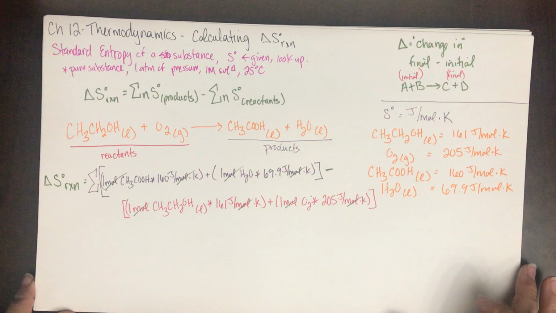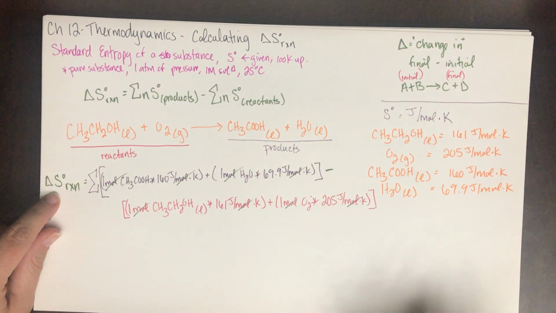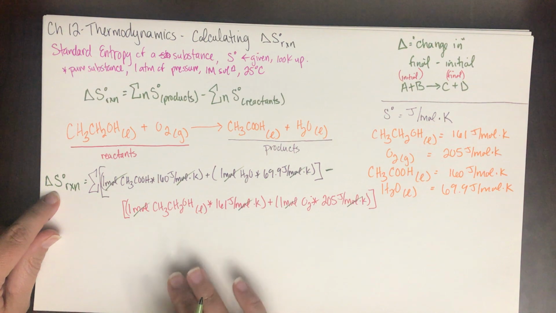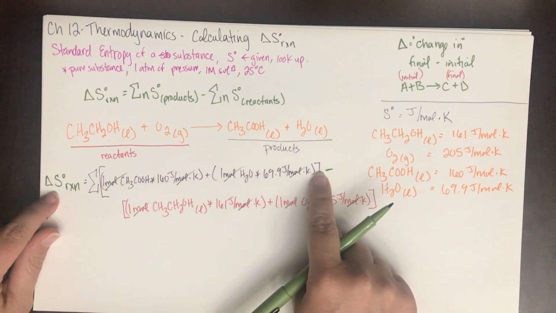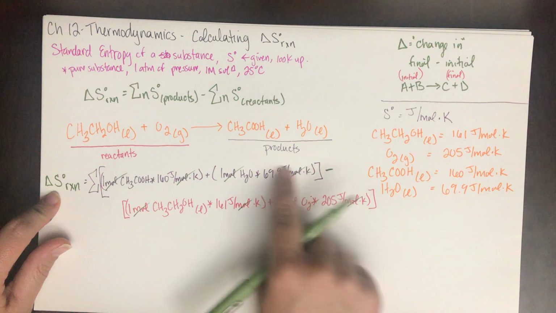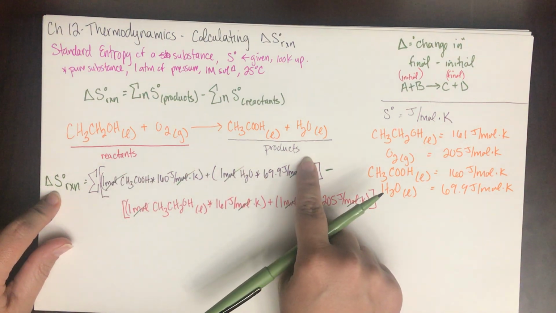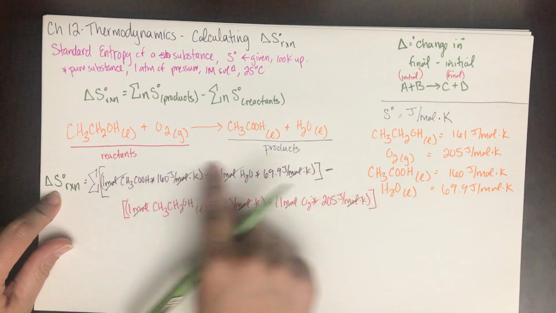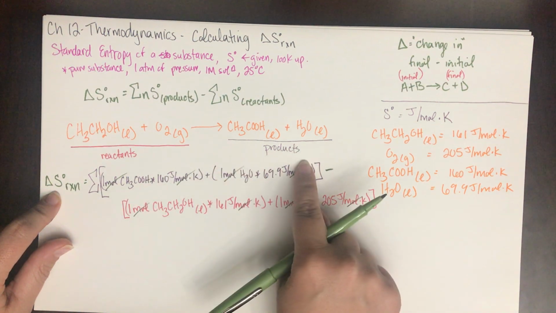So now your answer, the change for the reaction, is just going to be in a unit of joules per Kelvin. So when you do this part for the products, you should get 229.9 joules per Kelvin.